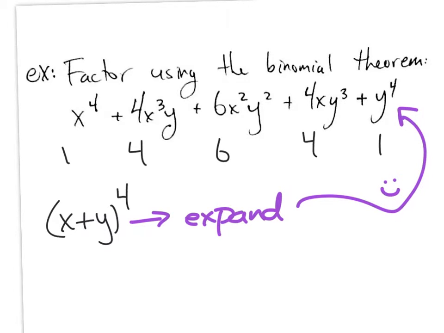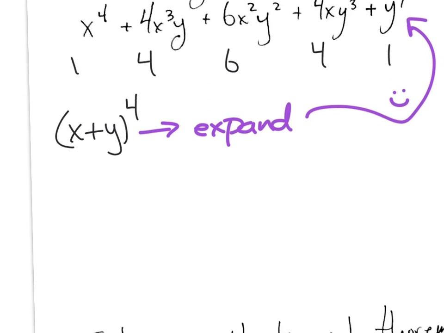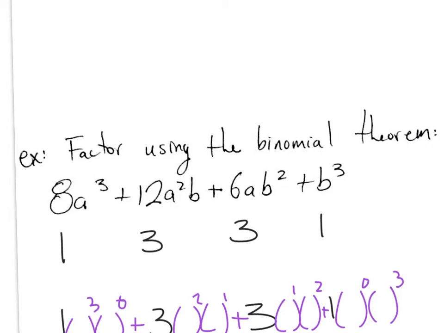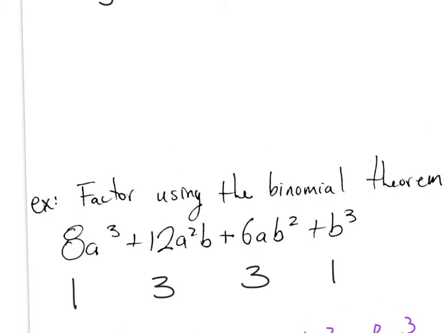Okay, so they do get a little more tricky where it's not just a super simple x plus y. For example, it looks like we have an a plus b here, right? And I'm leaving a little space. And then because the biggest exponent is 3, we can assume that this is going to be to the third.